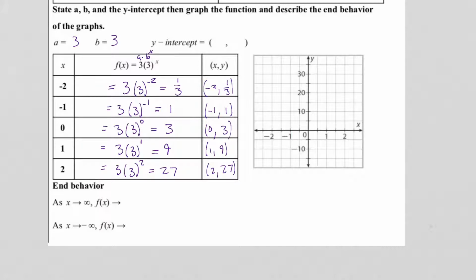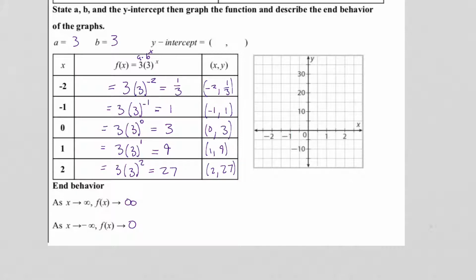And now that we've got some values for a couple points, we can put this on a graph. The end behavior is as x approaches infinity, f of x approaches infinity. And as x approaches negative infinity, f of x approaches 0. And now we're going to see this in action.